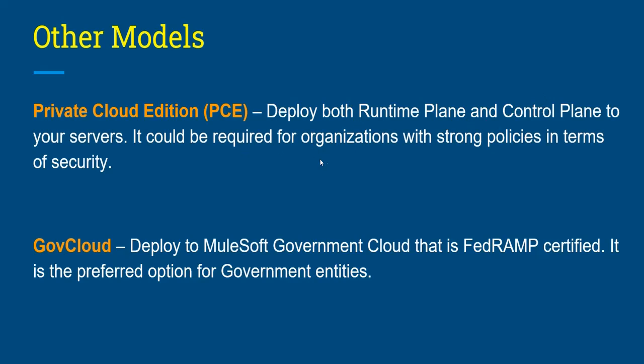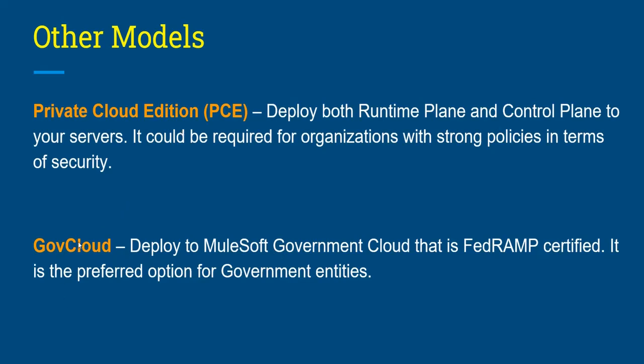It could be required for organizations with strong security policies. If they have strong security policies, like the banking sector, they will go with Private Cloud Edition, because both the control plane and the runtime plane are managed by the organization itself. So no metadata and no normal data is shared to CloudHub, which is very suitable for secured organizations.